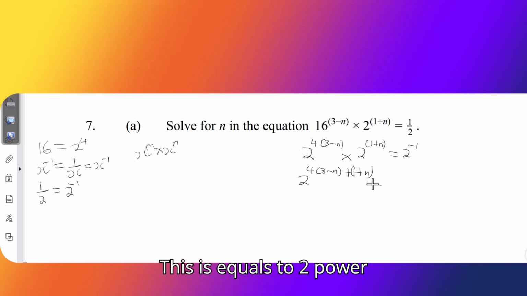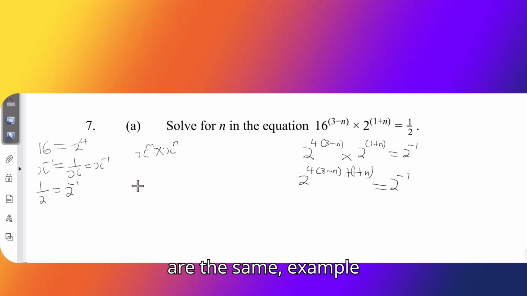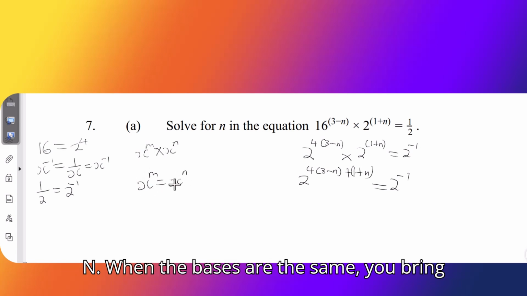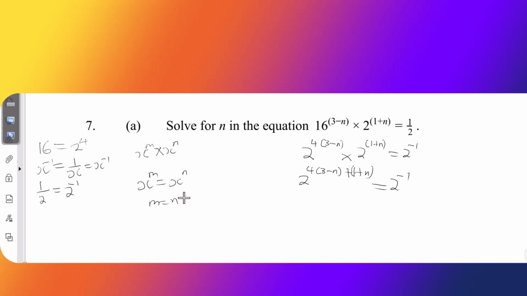This is equal to 2 power negative n. We're saying when the bases are the same, for example, x power m is equal to x power n, you bring down the exponent, which is m is equal to n.